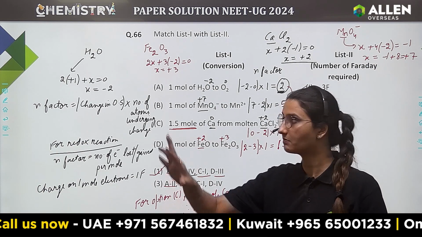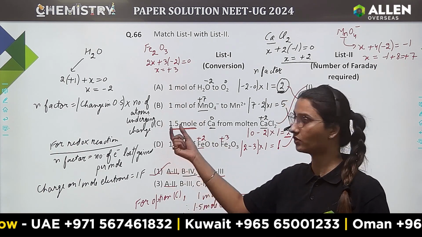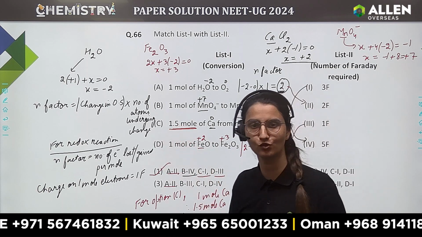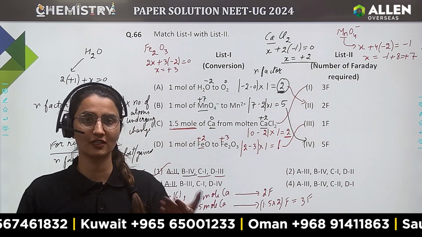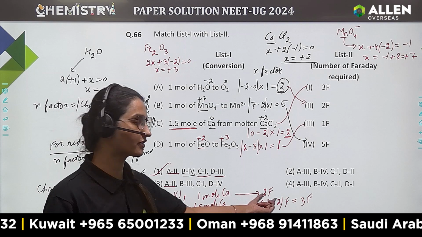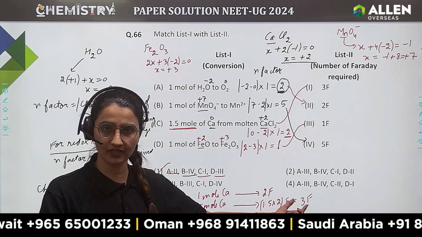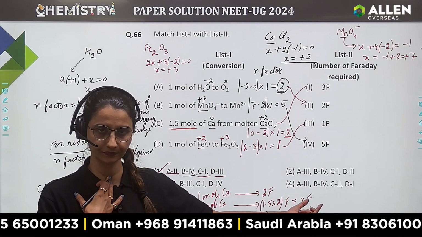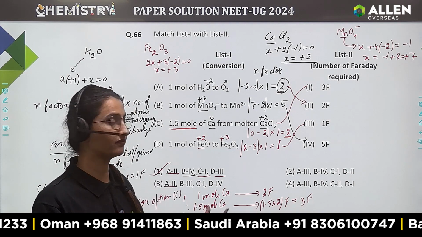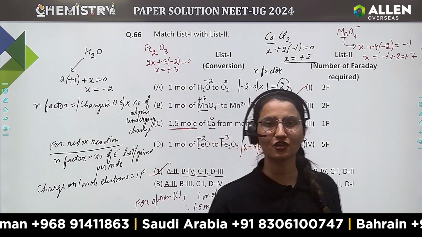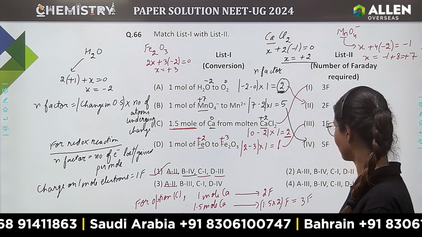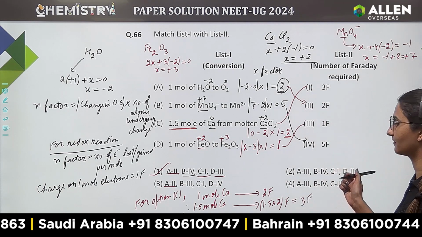It was pretty simple for A, B and D. Only in C, it's 1.5 mole. So how did we do it, students? 1 mole requires 2 mole electrons or 2 Faraday charge. So 1.5 mole will require what? 3 Faraday charge. That's it. Right? Fine.